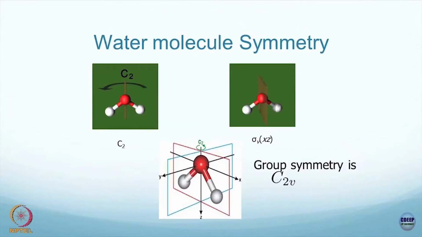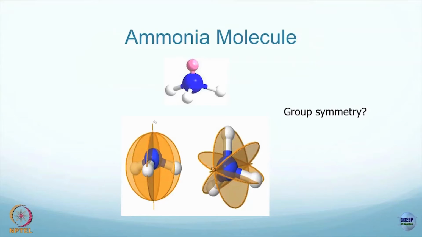For example, in these examples which I talked about, the principal axis is only the 2-fold axis, rotation by 2 pi by 2. Okay. If you look at this ammonia molecule, you can see that the principal axis is a 2 pi by 3 rotation. Okay.